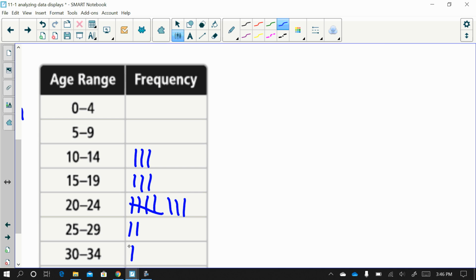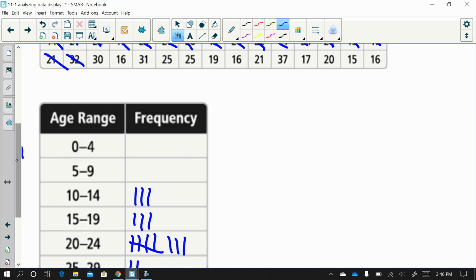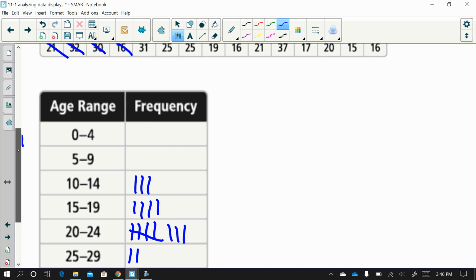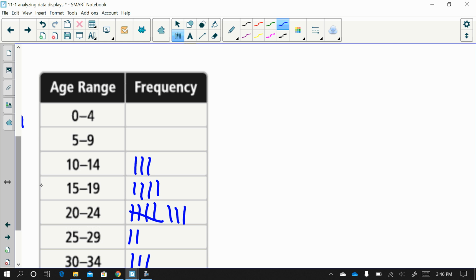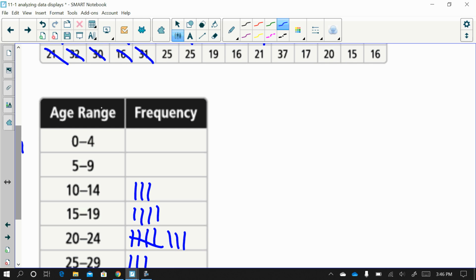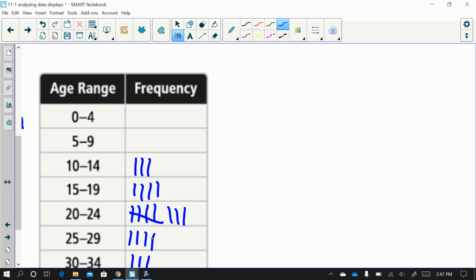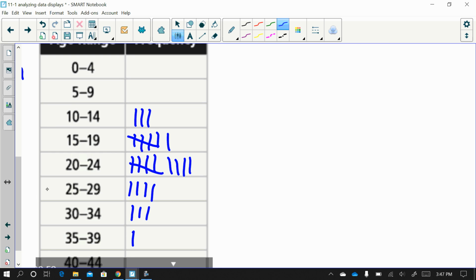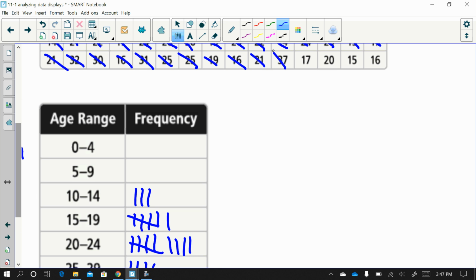32, 30, 16, 31, 25, in this category, 25 again, 19, it's this group, 16, 21, 37, 17, 20, 15, and 16.